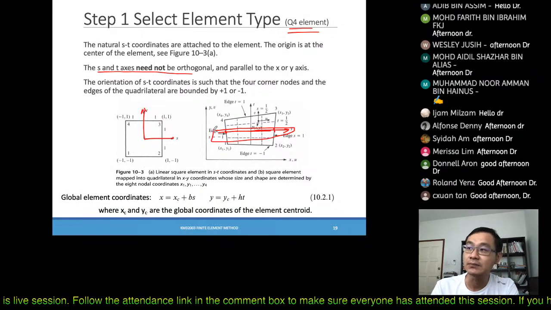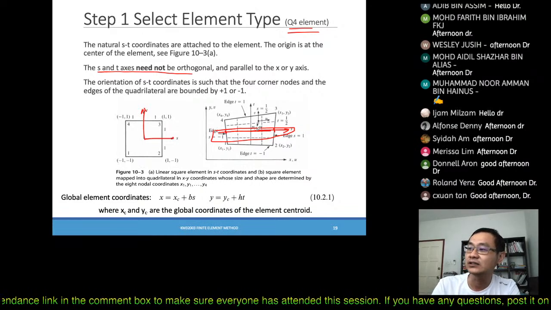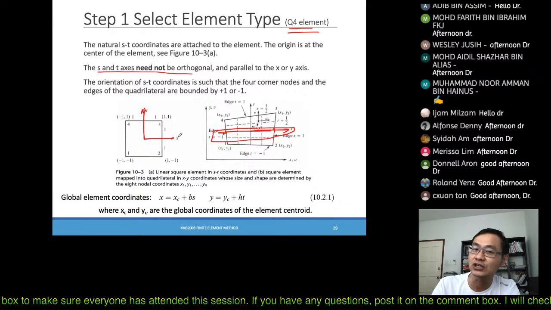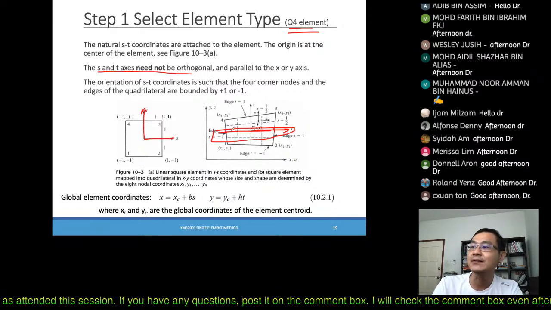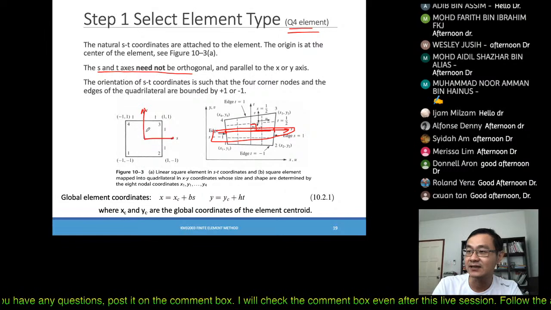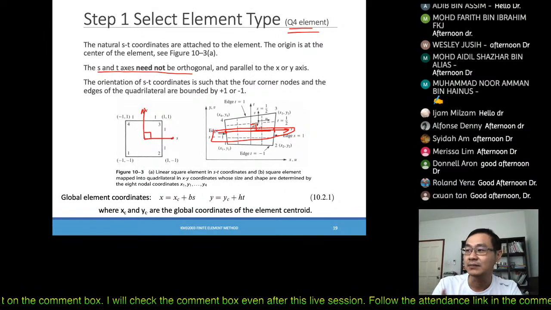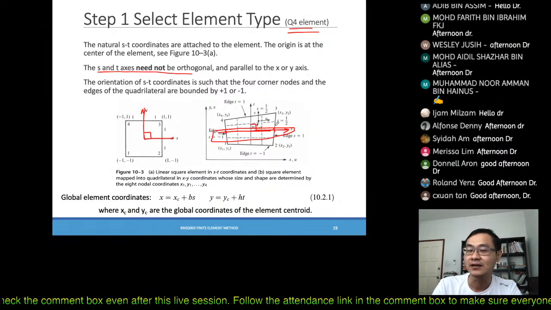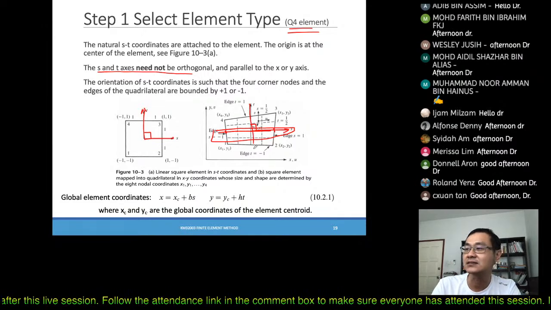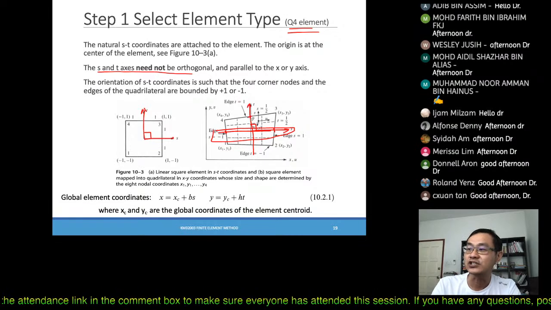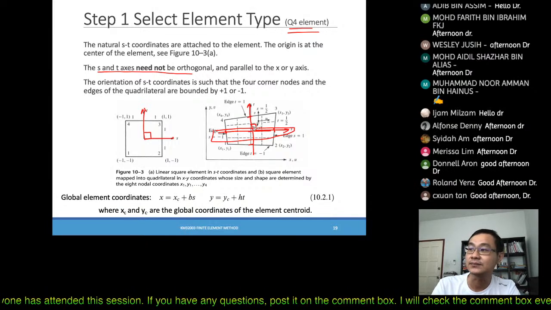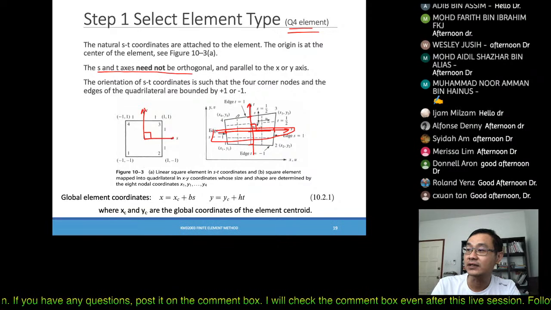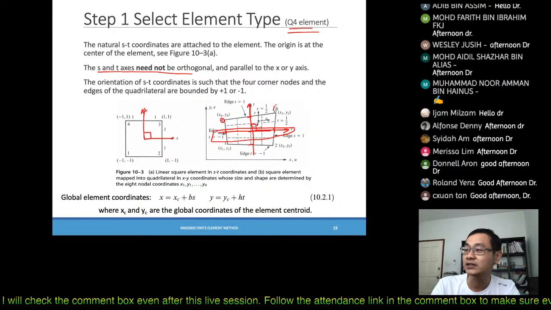So they do not need to be parallel to the original Cartesian coordinates. At the same time, they do not need to be 90 degrees. Usually for Cartesian we need 90 degrees, but in this case we don't have to, as long as this axis represents the positions of the nodes in the natural coordinate system. The node 4 and node 3 still have the same t.